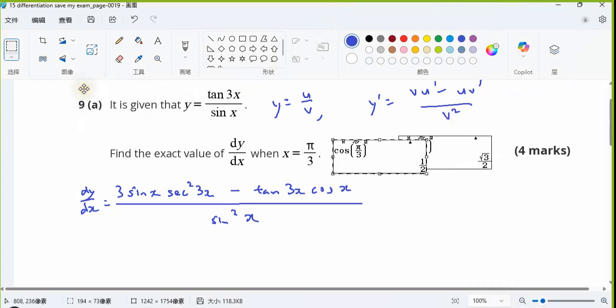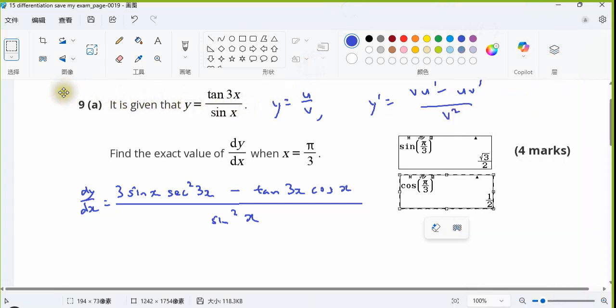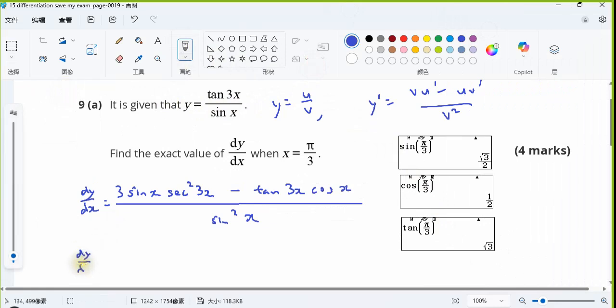Tangent is square root 3. So the dy/dx when x equals pi over 3 will be 3 square root 3 over 2.